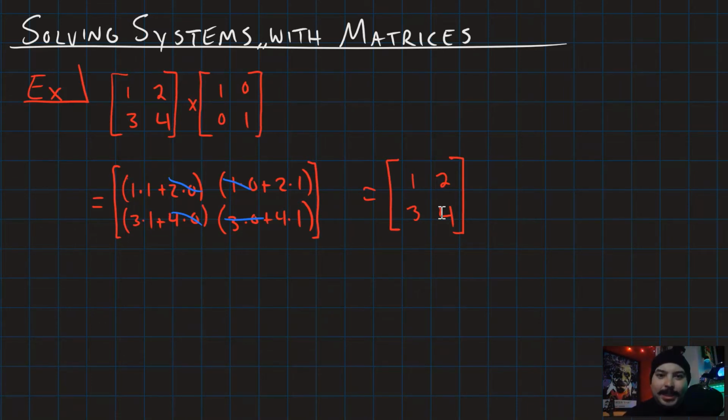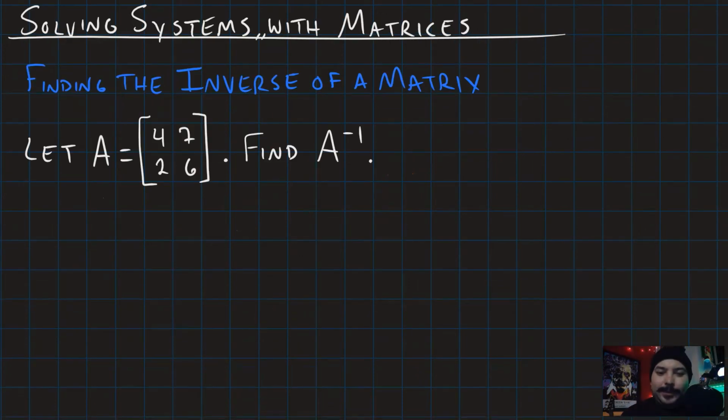Now, how does this help us to solve systems of equations? Well, now we need to talk about the inverse of a matrix. The purpose of an inverse matrix is to cancel out a matrix that you're using. You could think of it as kind of like the reciprocal of a number in multiplication.